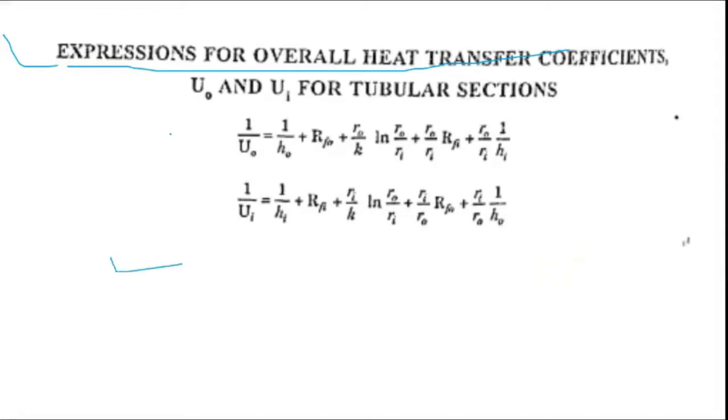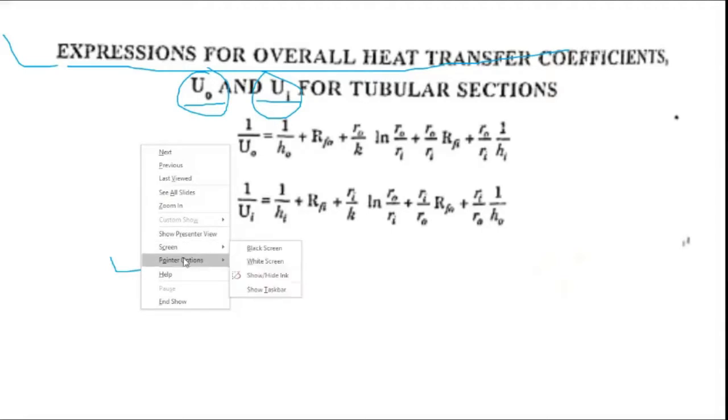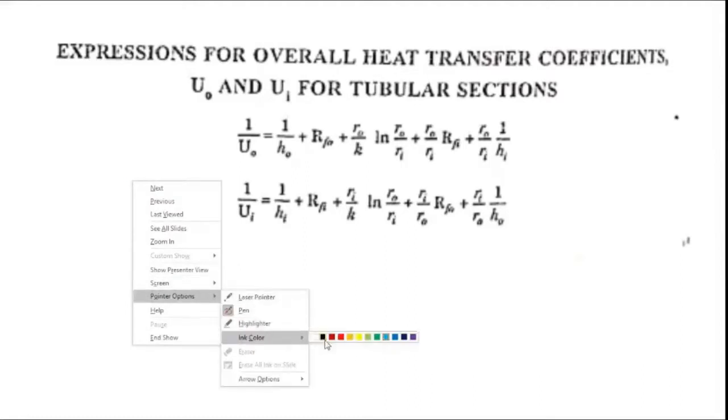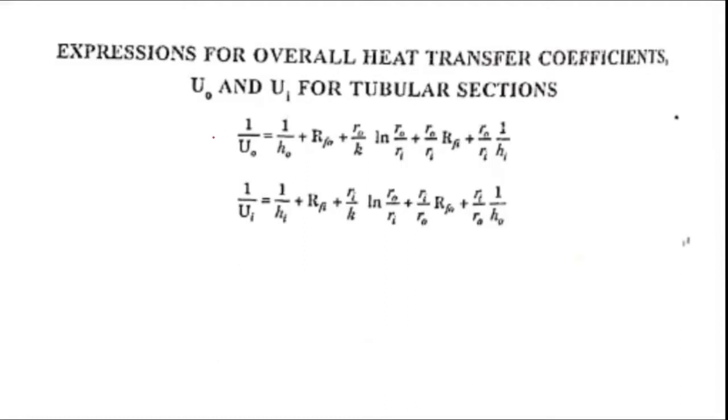First one is for the inside portion and second one is for the outside portion. Sorry, U0 is for the outside surface and UI is for the inside surface. Those who have the data handbooks, see the relation. Those who don't can see here on the screen. Is the relation clear to all? Yes, sir.